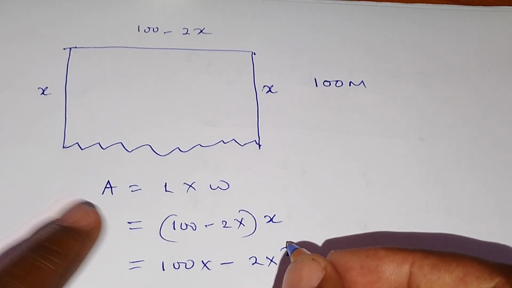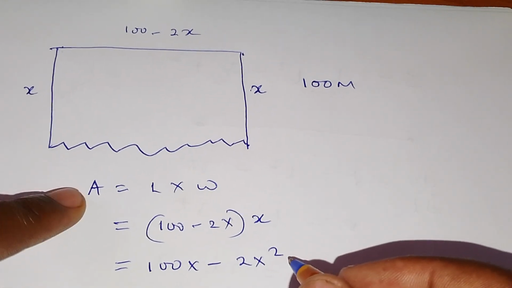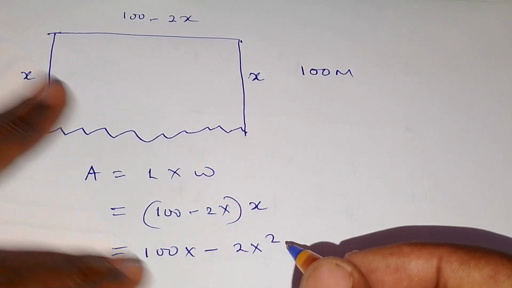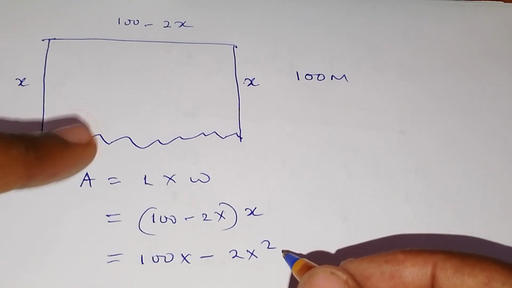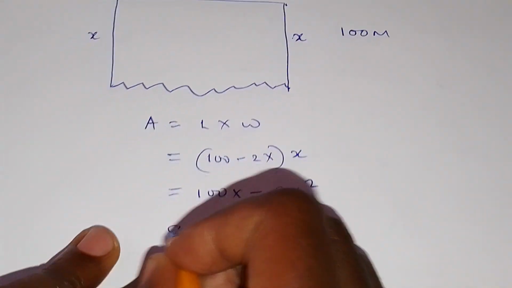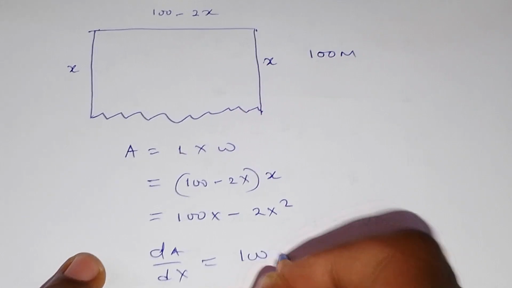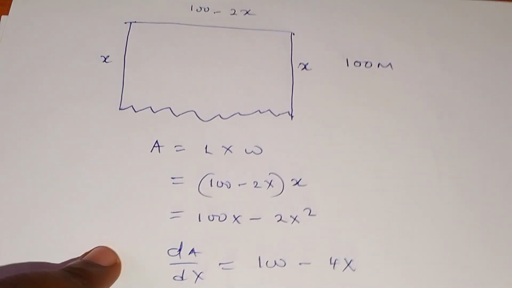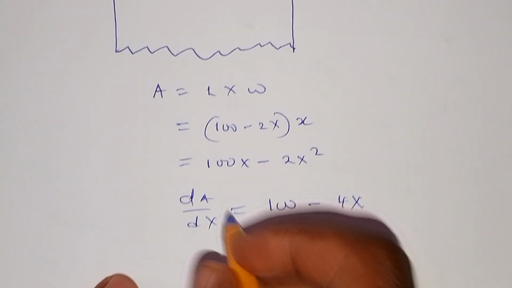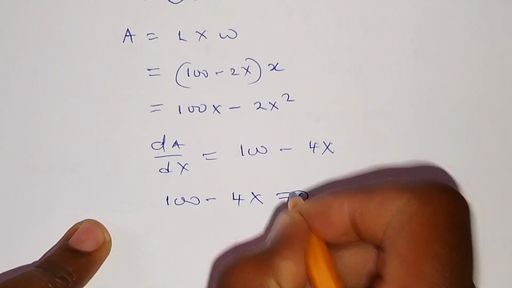Don't forget that we want to calculate the maximum area, and that can only be achieved if we set the derivative of area with respect to x equal to 0 and then get the dimensions. So we have dA over dx equals 100 minus 4x. We set this equal to 0, so 100 minus 4x equals 0.